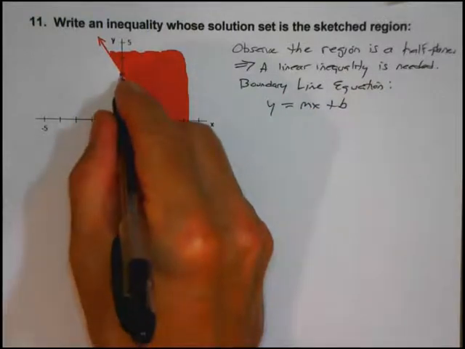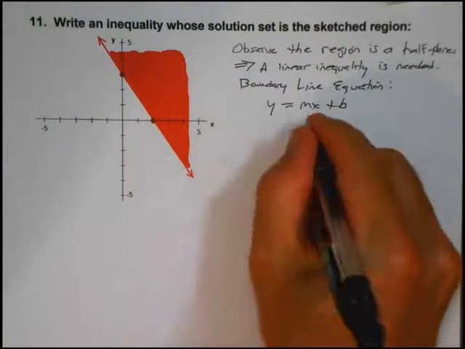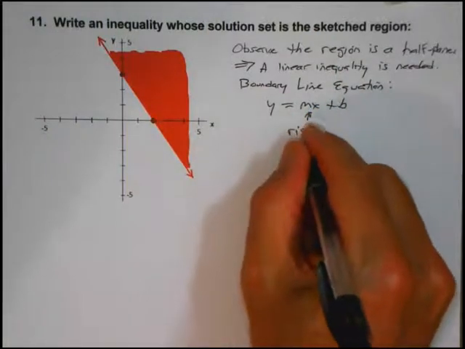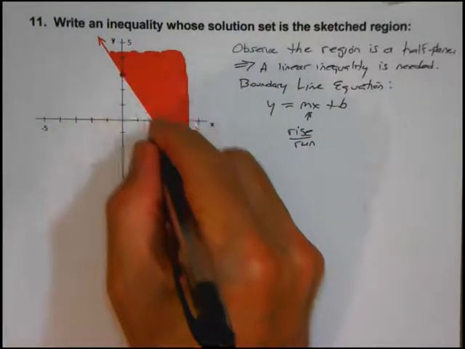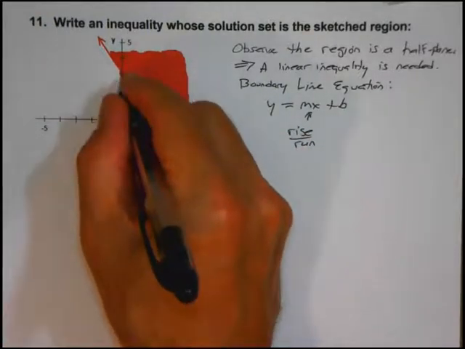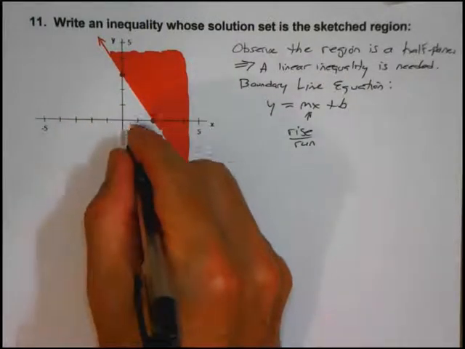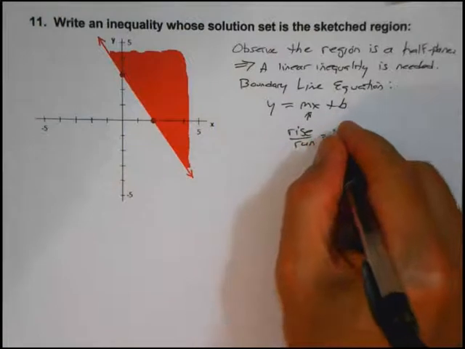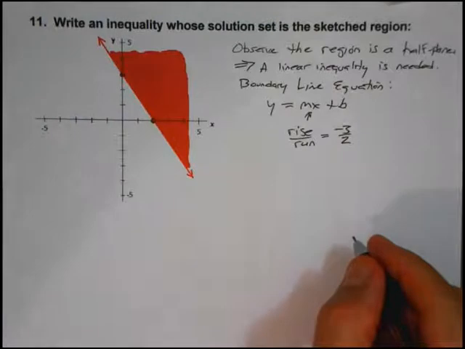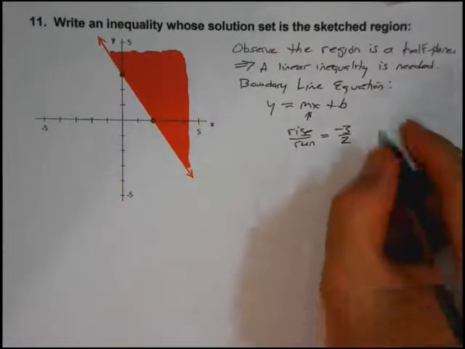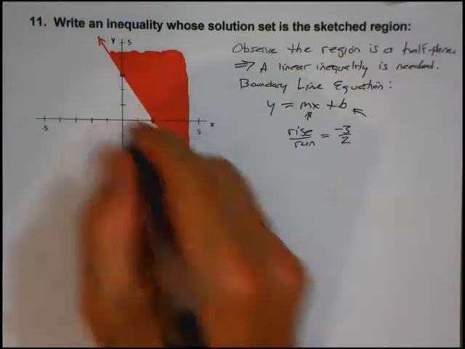Here's a clearly marked point, here's another clearly marked point. The slope is rise over run. As we go from here to here, the rise is down, so negative 1, 2, 3. The run is 2. So negative 3 over 2 is our rise over run, or the slope. b is the y-intercept. Clearly here, it's 3.